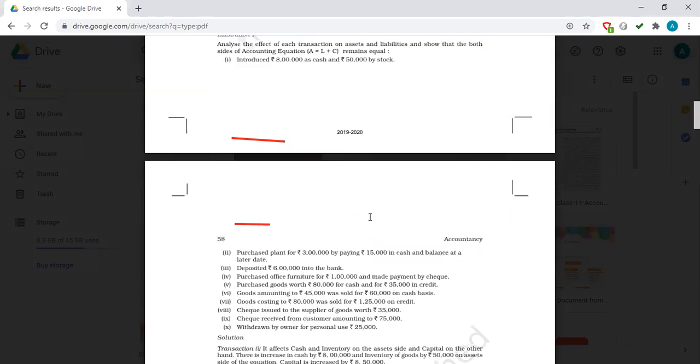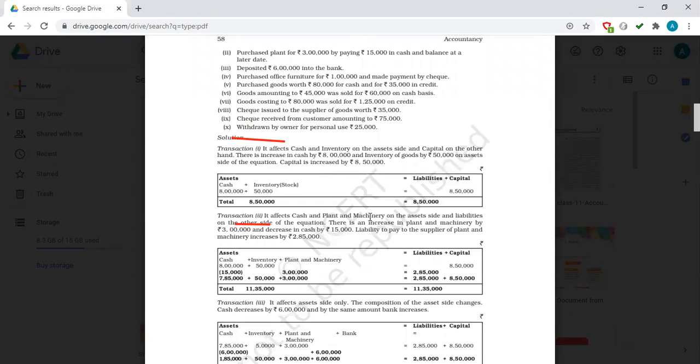Now coming down to the solution, as I said, this is the capital. Cash plus inventory, that is stock. Cash is your current asset. Stock is also a current asset. So 8 lakh plus 50,000, that is, assets equal liability plus capital.